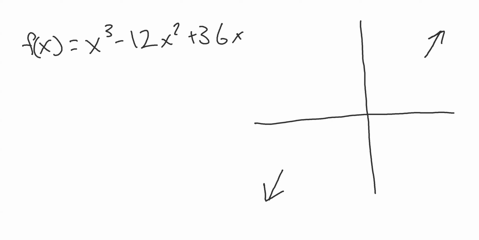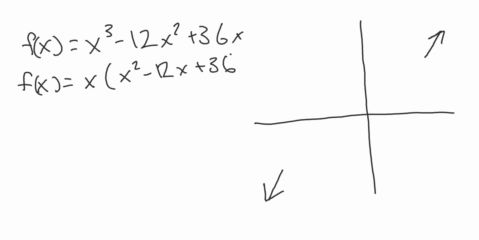Now, if we want to figure out what's happening in between, where is it crossing the x-axis, we need to find the zeros. And in this case, we can just factor this guy. We can factor off an x, and then we've got x squared minus 12x plus 36. And that is going to factor to, I believe, x minus 6 squared.